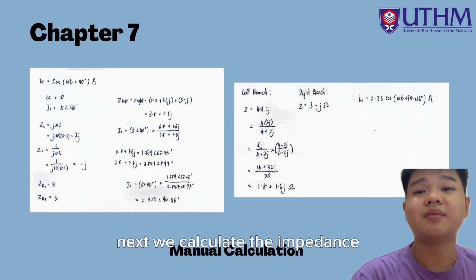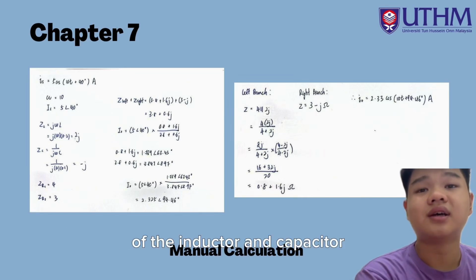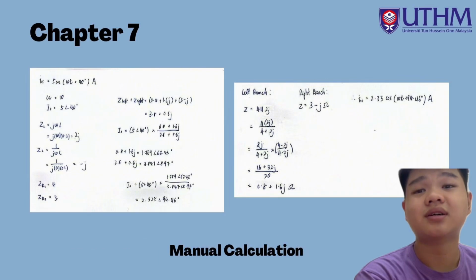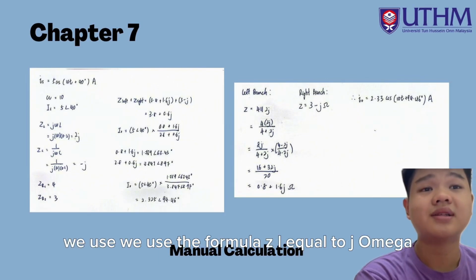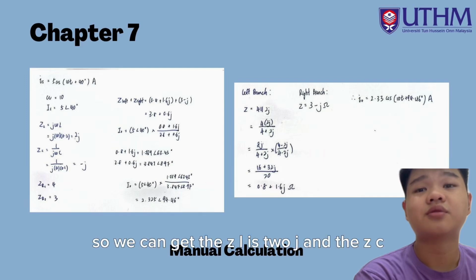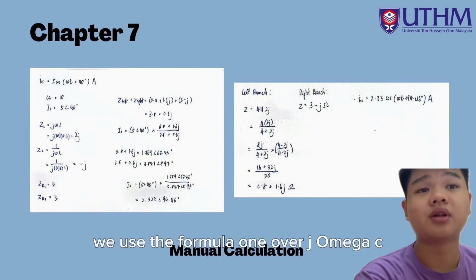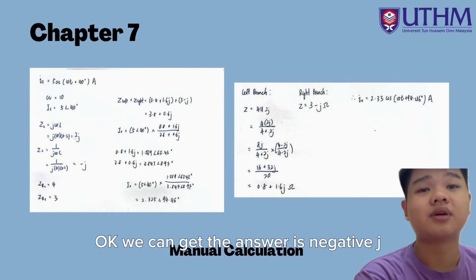Next, we calculate the impedance of the inductor and capacitor. We use the formula ZL equal to j omega L, so we can get ZL is 2j, and for ZC we use the formula 1 over j omega C. We can get the answer is negative j.